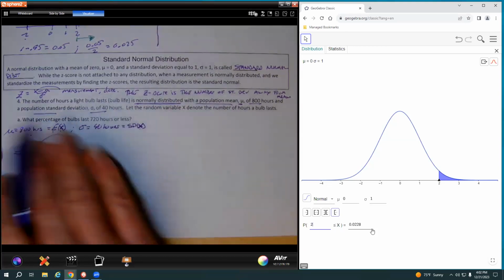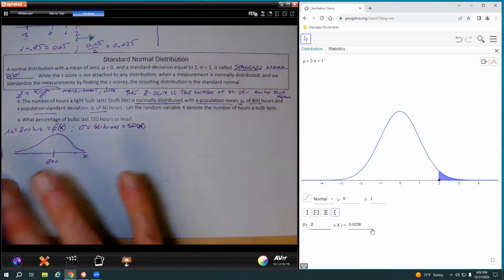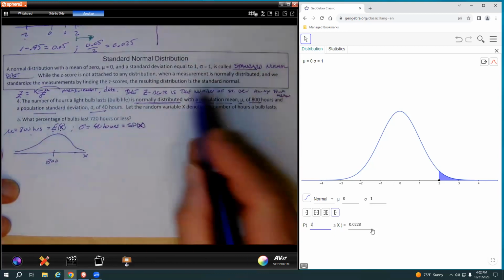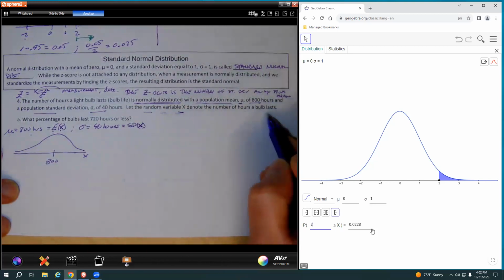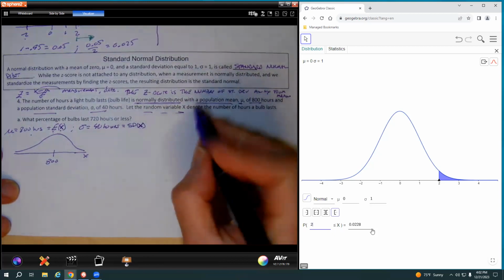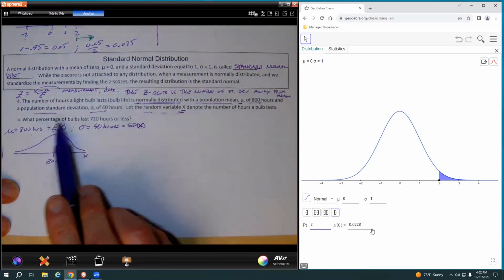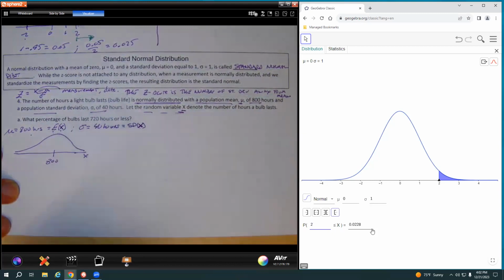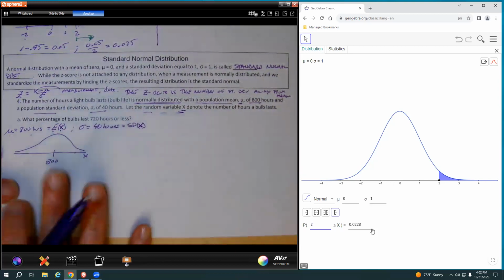So now let's read. But notice first, it's just to get an idea of what's happening. I write my information down, and once I do that, I keep going. Let the random variable X denote the number of hours a bulb lasts. Okay, that's what I call it. And now, what percentage of bulbs last 720 hours or less? Notice it's asking for the area under this curve.